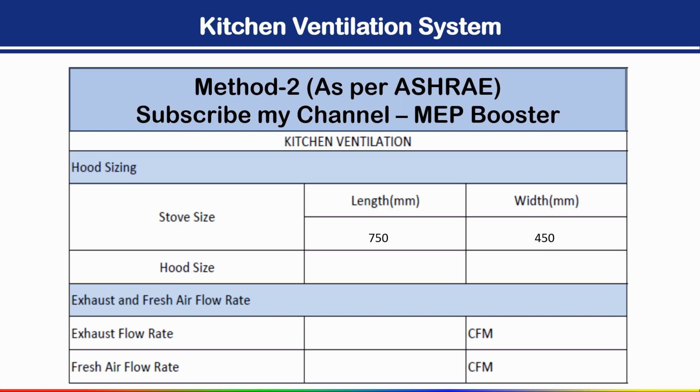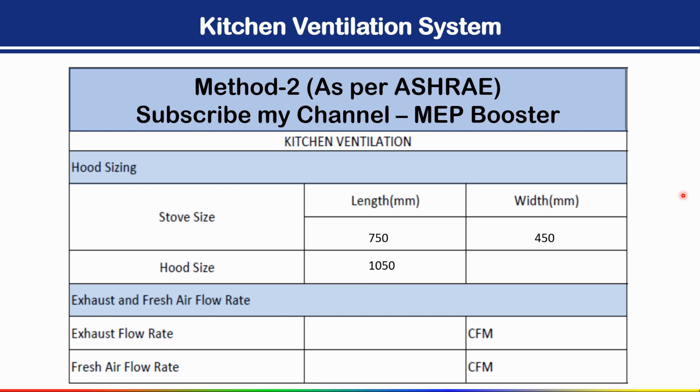Stove length is 750, so 750 plus right side 150, left side 150, that is 750 plus 300, so you will get the hood length 1050.